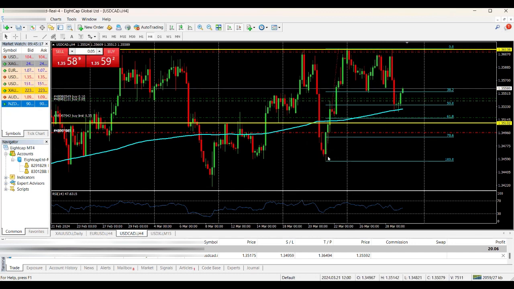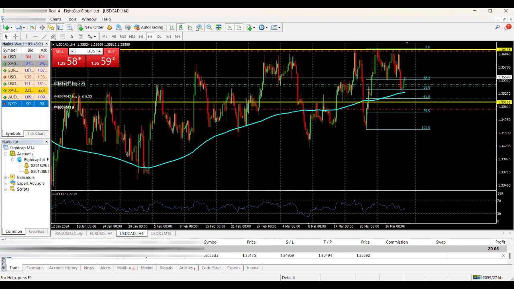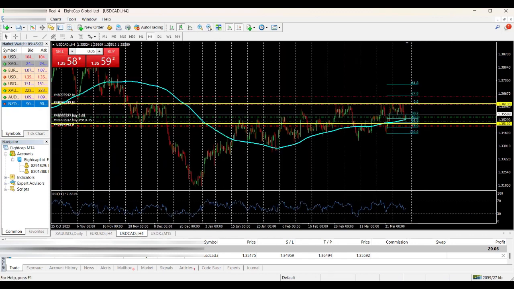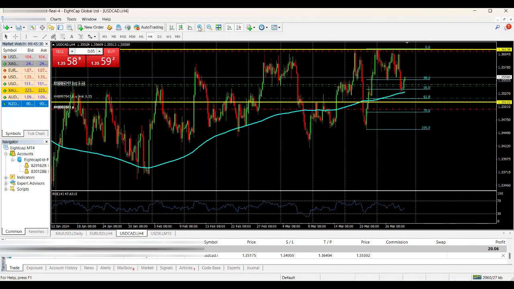We put our fib from the previous higher low. If I zoom out real quick, you see it was giving us higher lows and higher lows. So all I had to do is, you see it's trending up, as you can see.